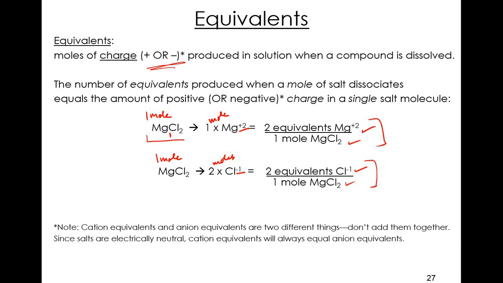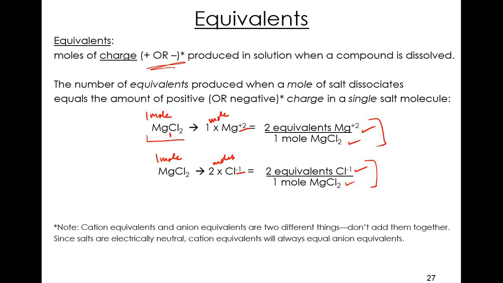A shorthand way to remember how to determine a salt's equivalents per mole is to pick either the cation or the anion, not both, just one, and multiply the ion subscript, which is the number of moles of the ion in the salt, by its superscript, which is the amount of charge that ion contributes.